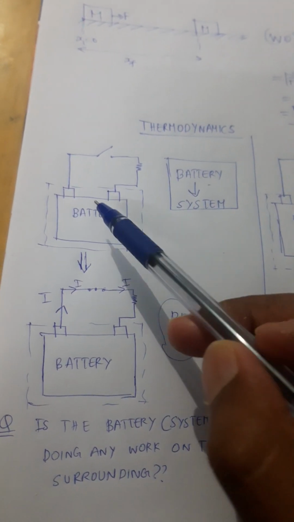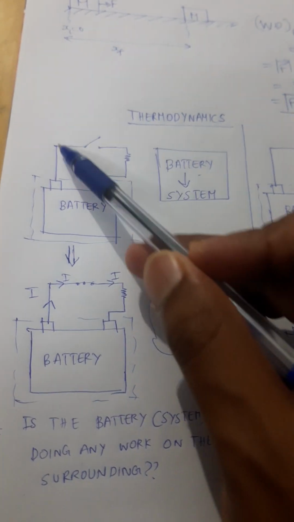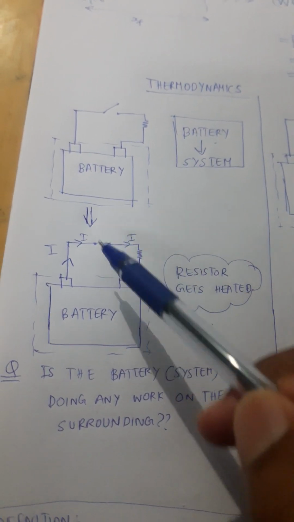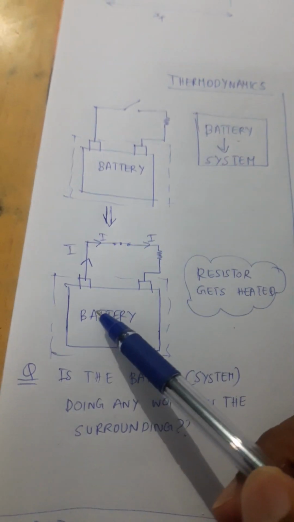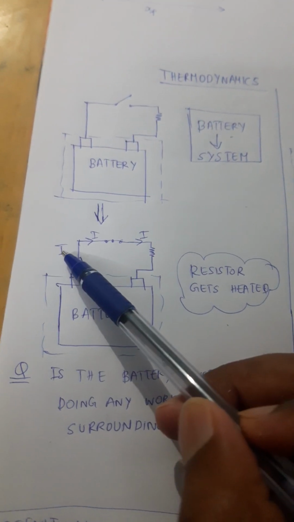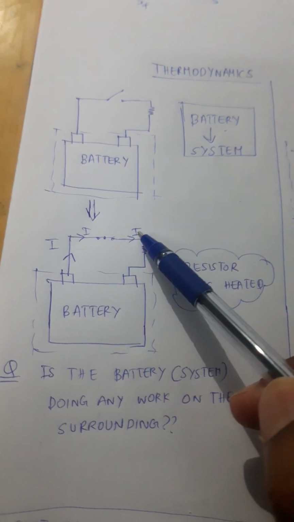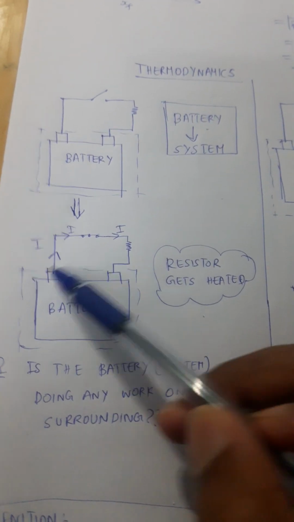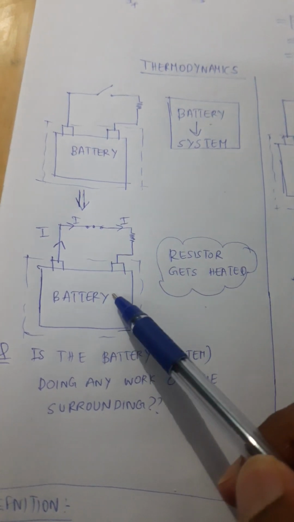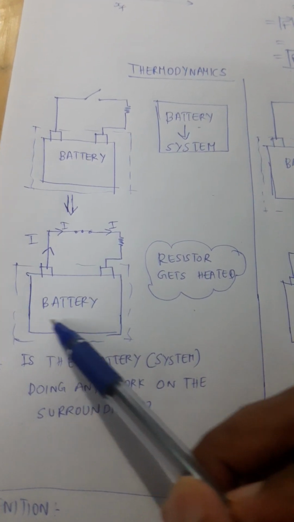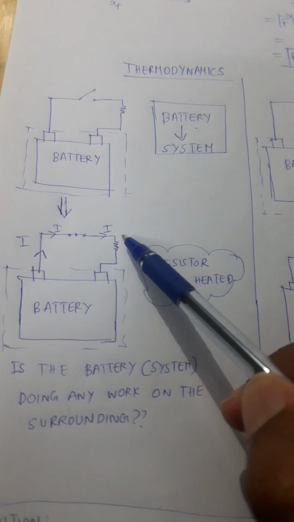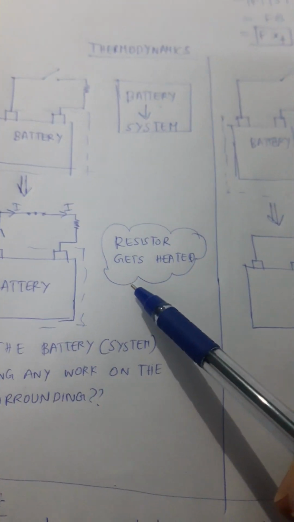Now, when the switch is closed, the battery is getting discharged, so some amount of current I is going to flow in the circuit. After some time, as this current flows, the battery is getting discharged, so its charge is going to reduce, and the resistor, due to the heating effect, is going to get hot.